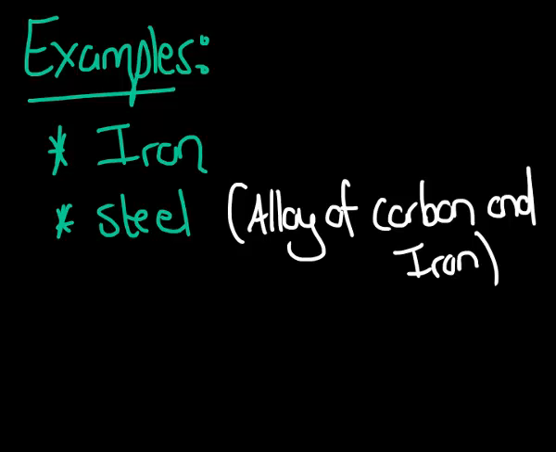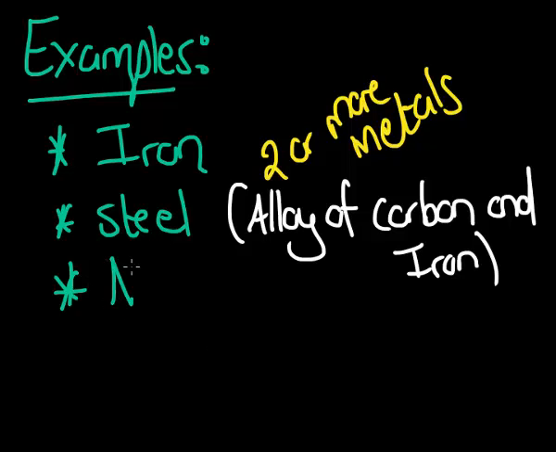Now because it does consist of iron, steel is therefore magnetic. But the other impurities, which in this case is carbon, that's added to this steel to make the alloy, is though not seen as magnetic. But overall, because of the great amount of iron inside of the steel, it is then magnetic. So do remember, an alloy is anything that's usually made up of two or more metals that's combined.